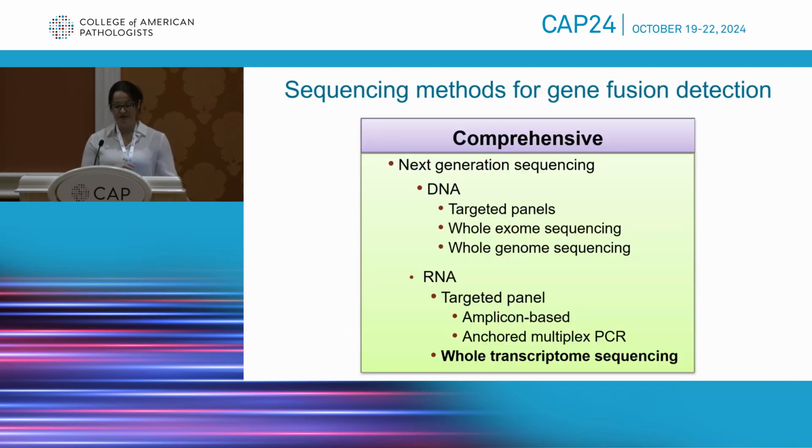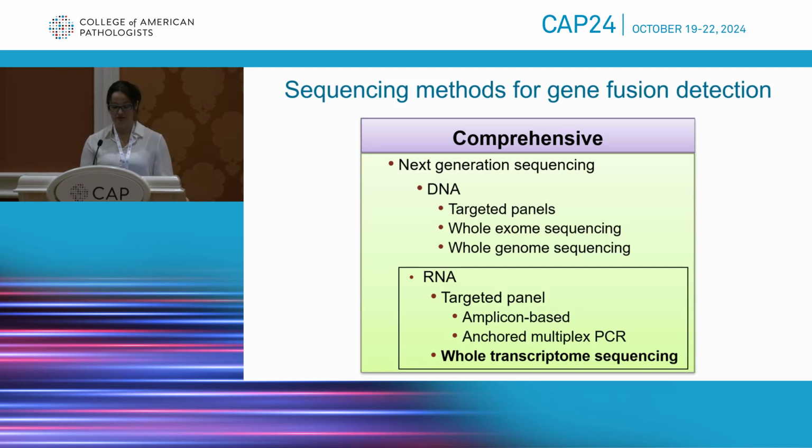To put it in perspective, whole transcriptome sequencing is one of several approaches available for gene fusion detection. Fusion assessment by next-generation sequencing can be performed at the DNA or RNA level using targeted methods or comprehensive approaches such as whole genome and whole transcriptome sequencing. Currently, clinical sequencing analysis for fusion detection is mostly done using RNA-based targeted gene panels, although commercial and academic clinical laboratories are offering whole transcriptome sequencing for fusion detection more often now than in past years.